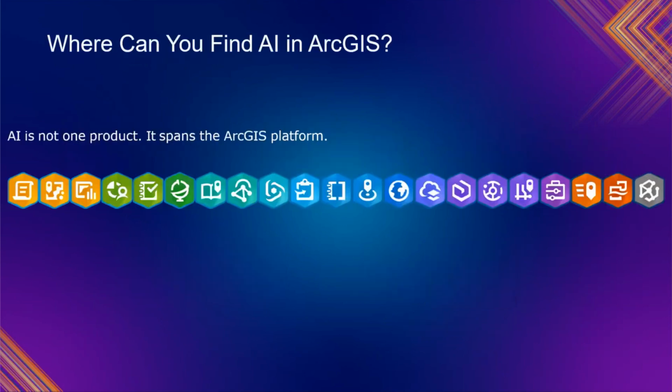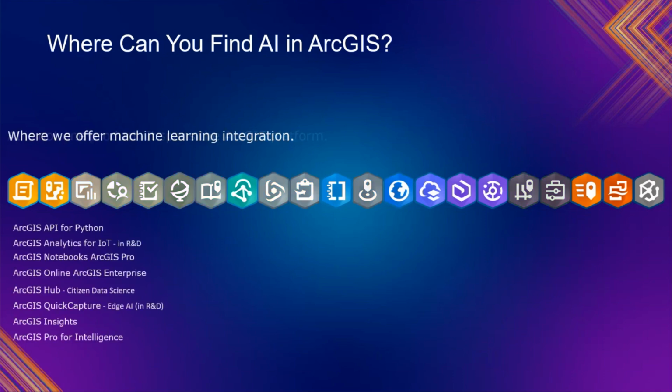Now, where can you find AI in ArcGIS? Well, hopefully one day I'll show this slide and I'll go like every one of those. But for now, we're still progressing within the integration. And every single time I show this slide, by the way, and this is something I'm very happy about, I need to update it because they're constantly adding new tools, new capabilities.